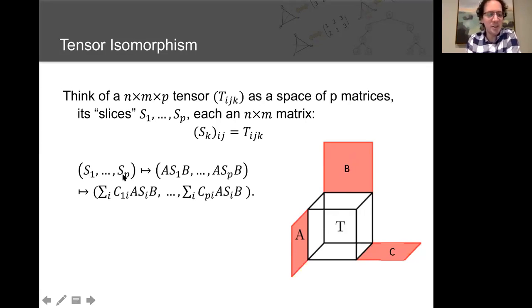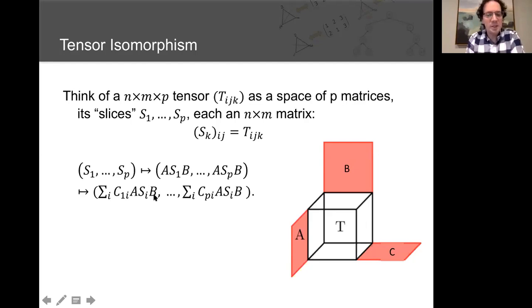So if my slices are S1 up to SP, when I do A and B, I left multiply all of my slices by A, and I right multiply all of them by B. And then what is C doing? C is taking linear combinations of the slices, right? So you see here, let's just look at this one. This is a linear combination of all the slices, but with the same A and B in there.